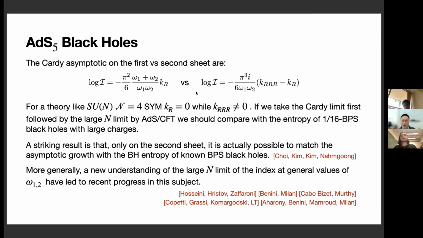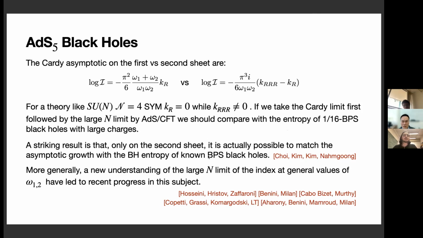But the catch is that if we allow for a study of the index at generic values of the fugacities, then we can take the Cardy limit here and only after take the large N limit and precisely match the Bekenstein-Hawking entropy of this BPS black hole. And when I say match, we match precisely the entire contribution, not just the most singular term, but the exact entropy. And so this was understood in this paper.